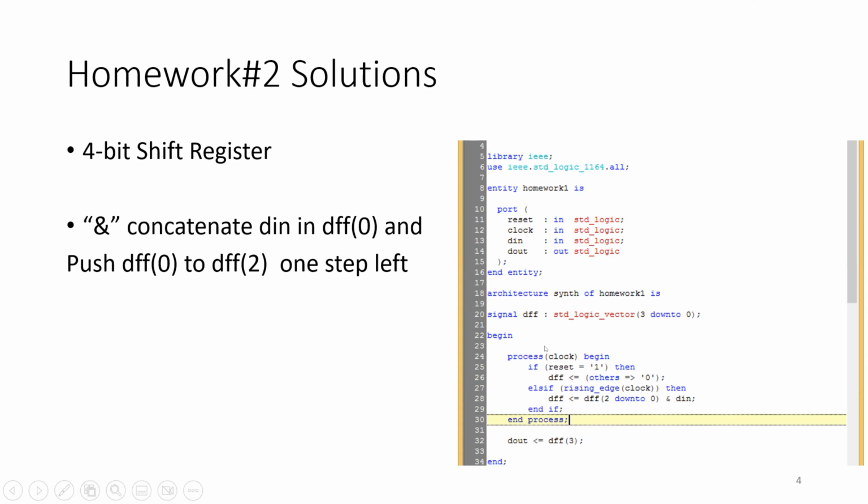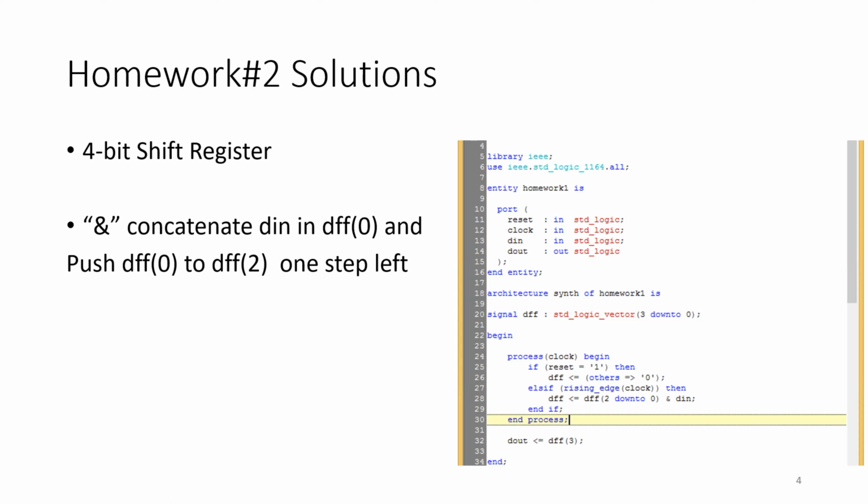Else, if that is not happening, now I have a rising edge. At this stage, what are we doing? Can you see? The DFF, which is 4-bit, takes whatever the values are here, and I am concatenating D in.